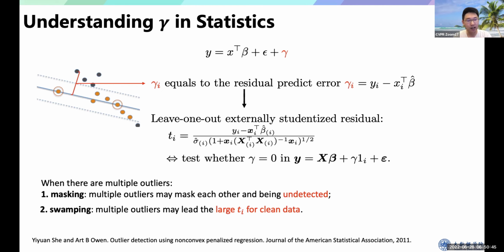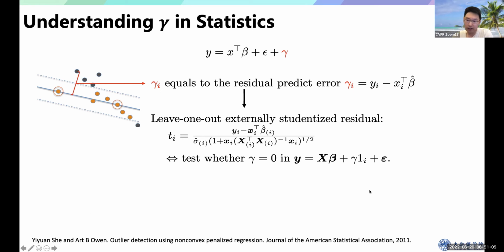Swapping means that multiple outliers may lead to a large t-residual value for clean data. In other words, swapping means that the algorithm will treat the clean data as the outlier.